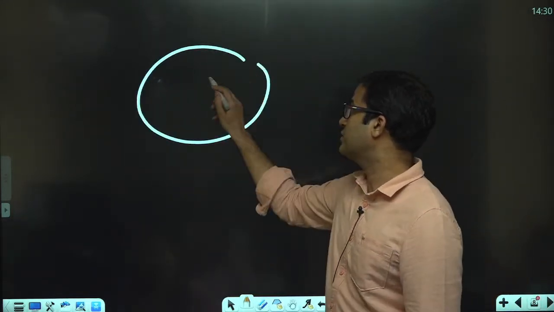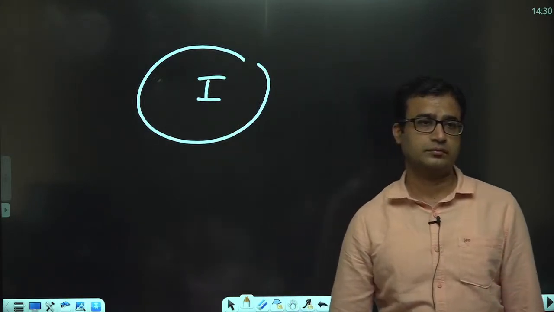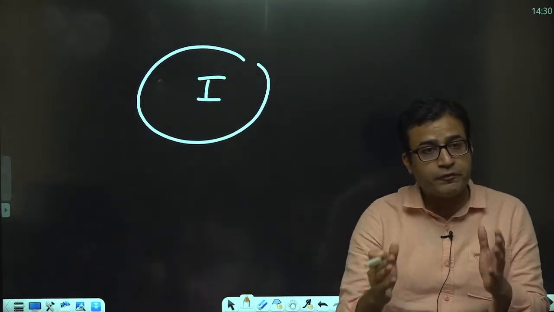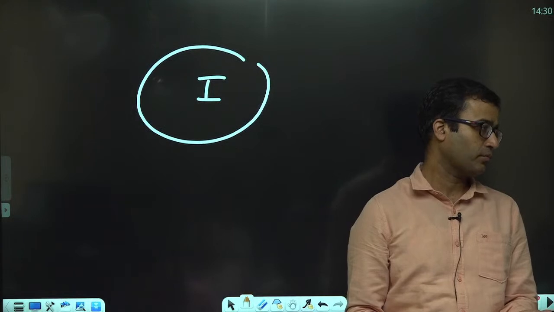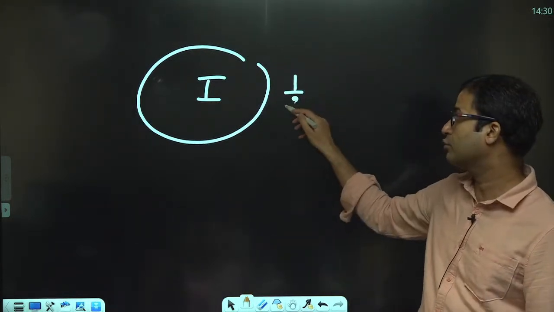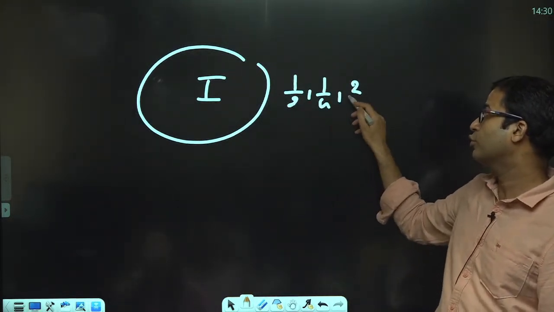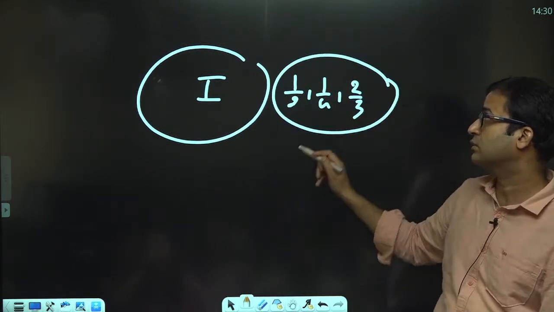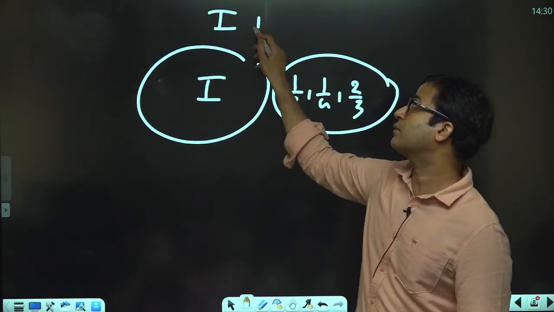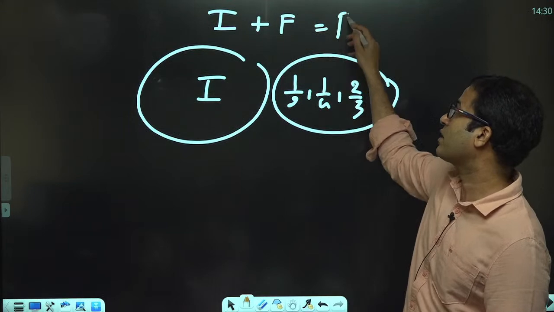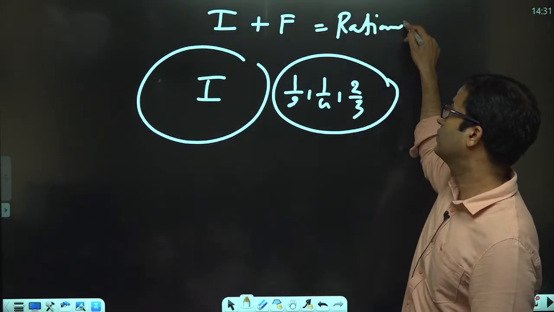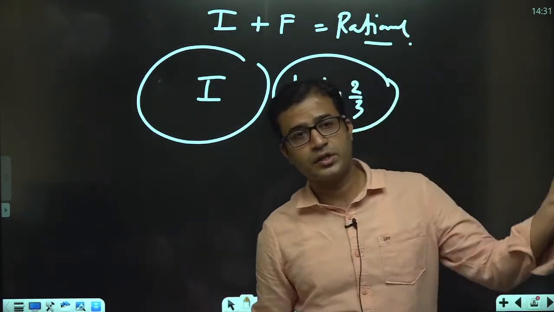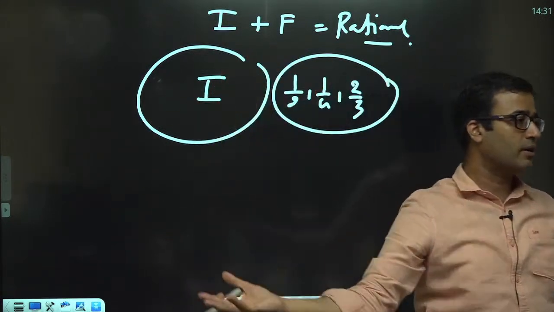Here are integers. If you add fractions to integers, like 1 by 2, 1 by 4, 2 by 3, you can say integers plus fractions are rational numbers. In integers, if you add fractions, it becomes a rational number.